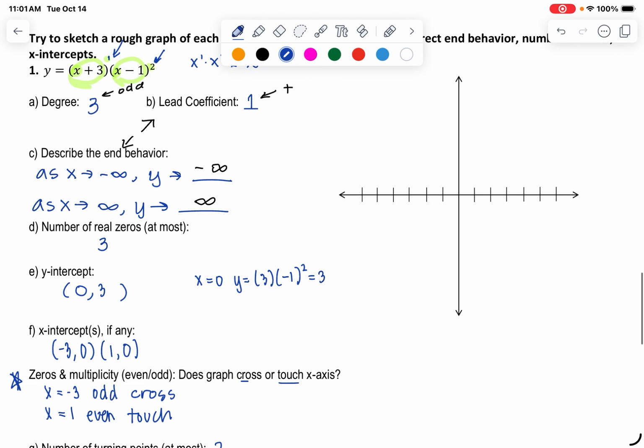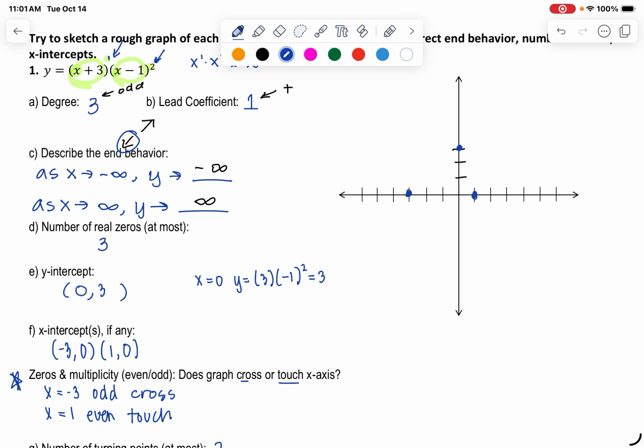All right, so now we're going to sketch what this graph looks like. So we're going to graph our y-intercept. There are no tick marks for your y-intercept, so we're going to add them. 1, 2, 3. Make your y-intercept right there. Make your x-intercepts negative 3, 0, and 1, 0. And then we are going to use our end behavior to sketch what this looks like.